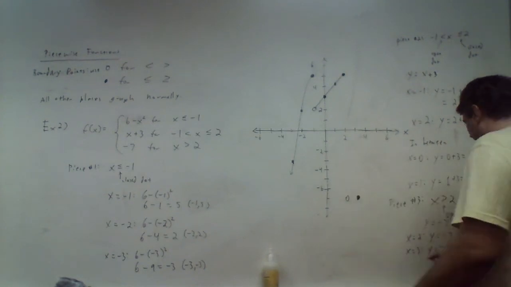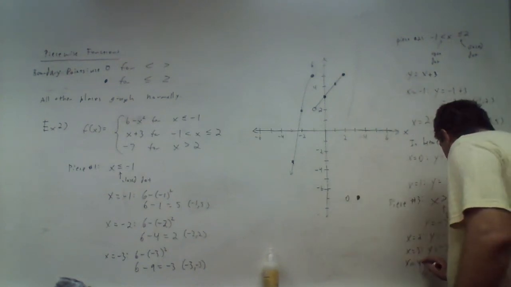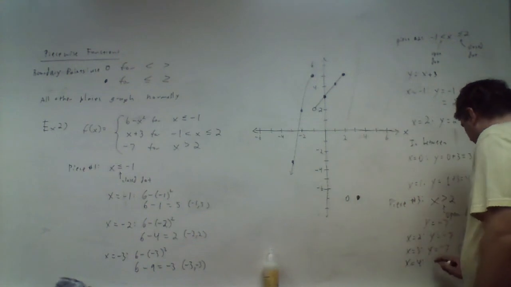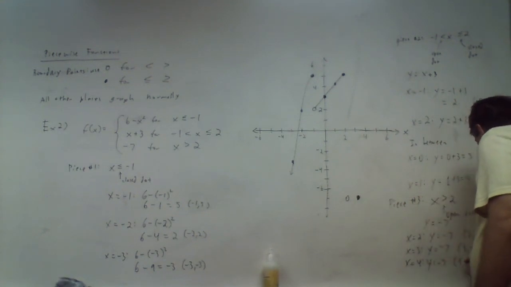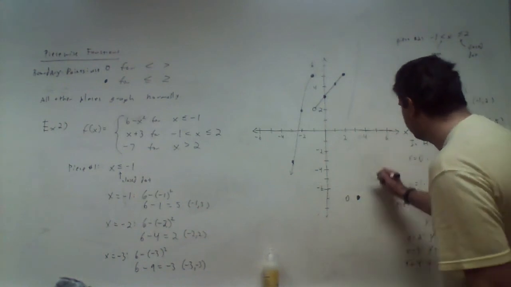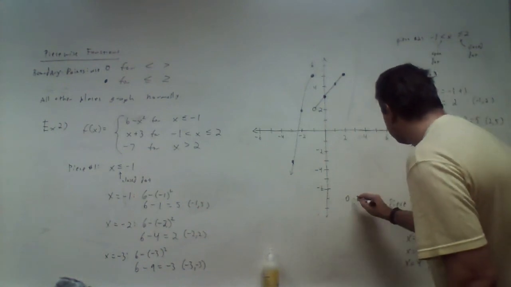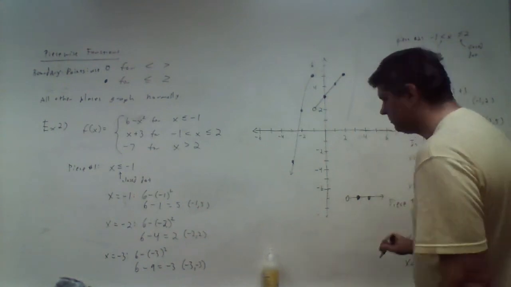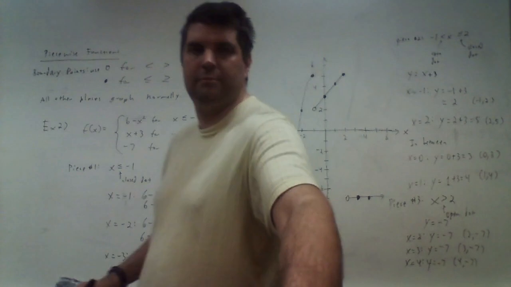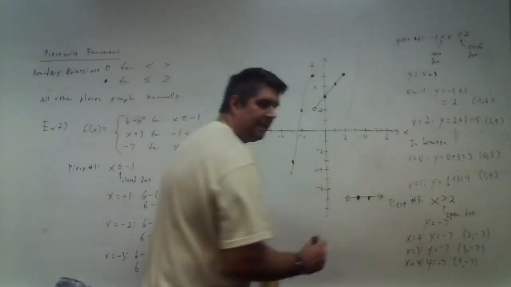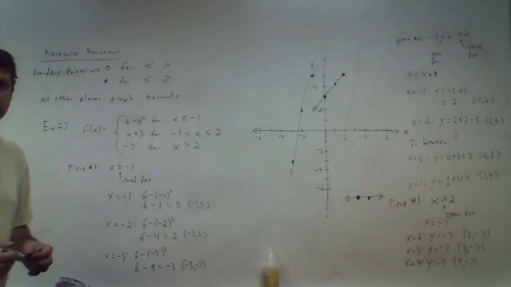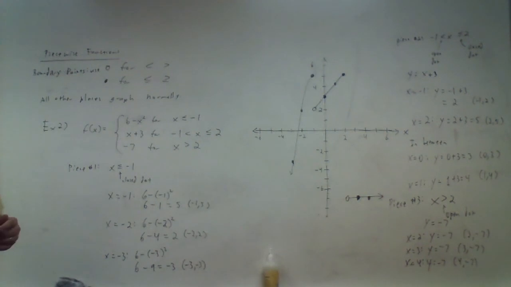And then finally, let's go one more into piece number 3. And y still equals negative 7. So 4, negative 7. It's a horizontal line, which we'll draw as a ray, because it has an endpoint. Okay, that's it. That's how you do these.